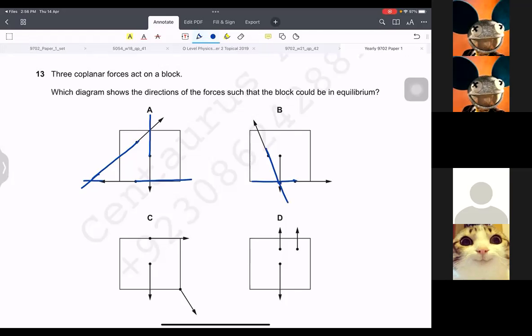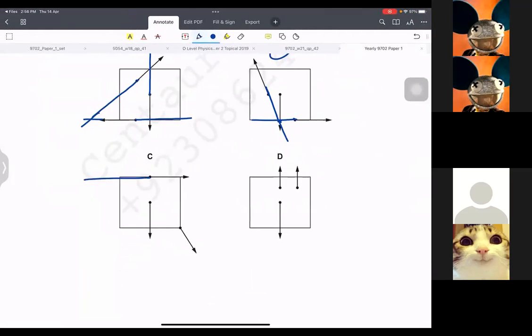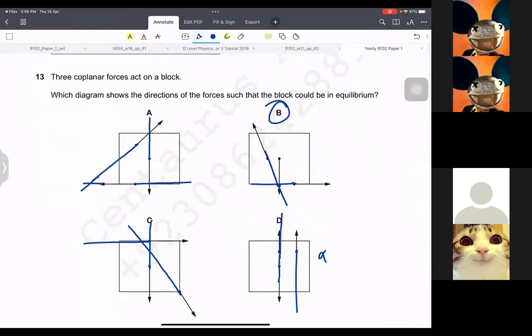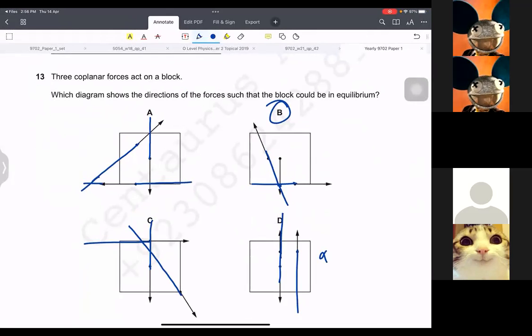Here they all meet, so it has to be B. But you can check the other ones as well. Nope. Nope. So it has to be B. Make sure you do it with the ruler and extend the lines forward and backward. Where all of them meet, it means that that object is in equilibrium, others are not.